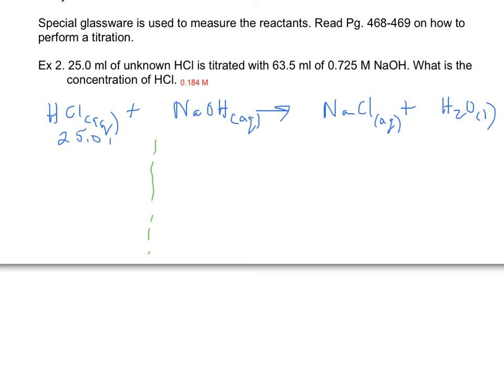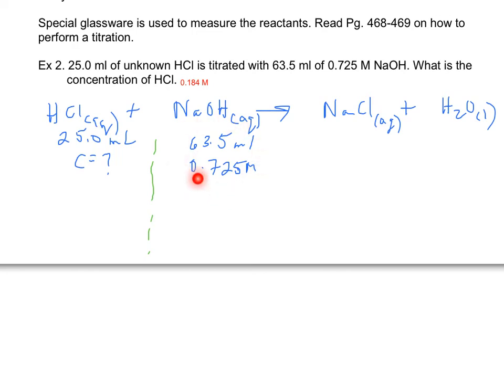I used 25 mL of my HCl, but I don't know what the concentration was. In the titration, it took 63.5 milliliters of 0.725 mole per liter sodium hydroxide in order to neutralize my acid. This is all the information that I need to find the concentration.